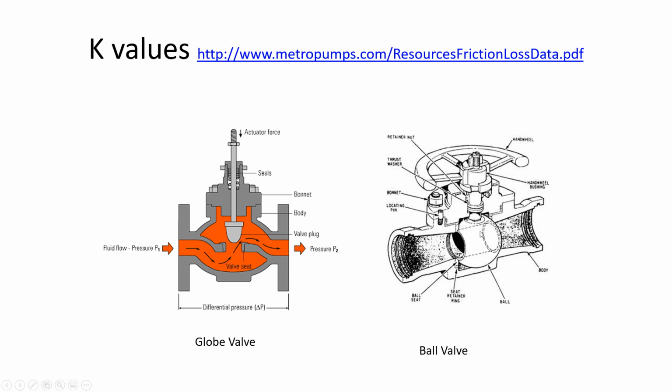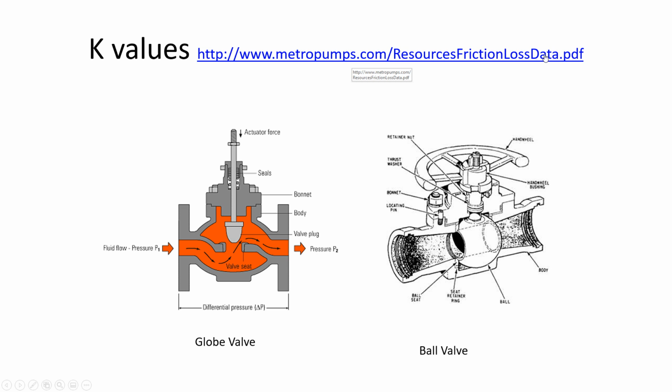You can see that a ball valve, which people like because of the convenience, only has to be turned 90 degrees to go from fully open to fully closed. And the water is flowing through a segment of pipe that's embedded in a ball, so there's a relatively smaller reduction in the flow energy through a ball valve compared to a globe valve.